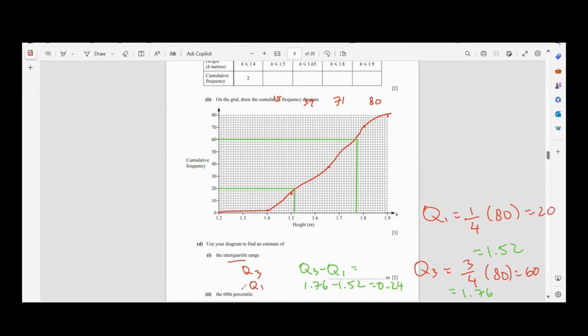And then it asks us to find the 60th percentile. So we just do 60 over 100 times the total frequency 80, and we get 48. So for the frequency of 48, we find it here, then we drag it to the right, and then we drag it down.